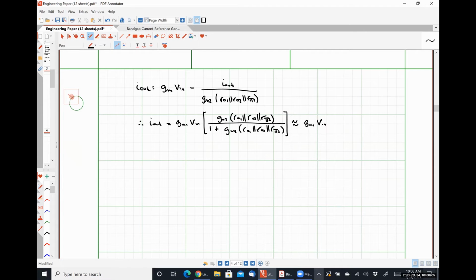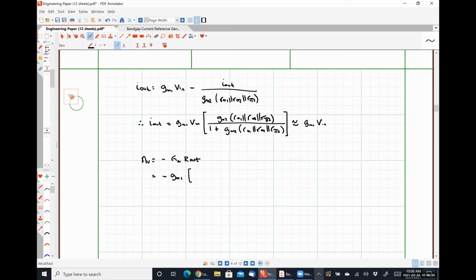So from this, the voltage gain of our BJT cascode amplifier is negative GM times R out, which is just negative GM1.